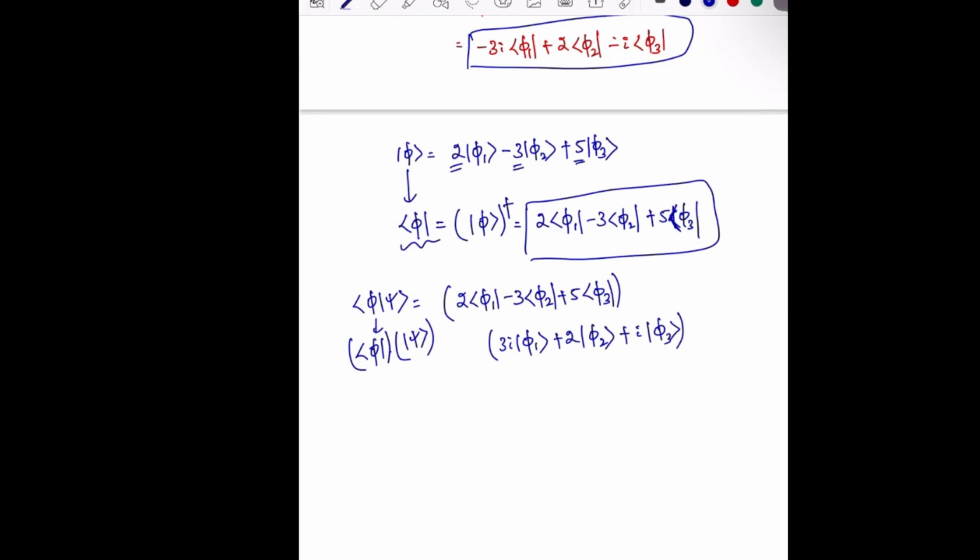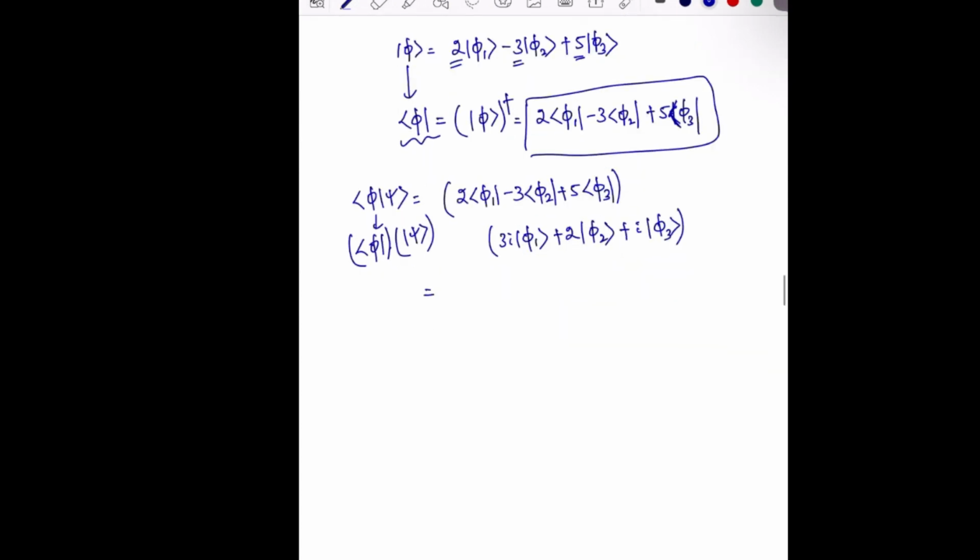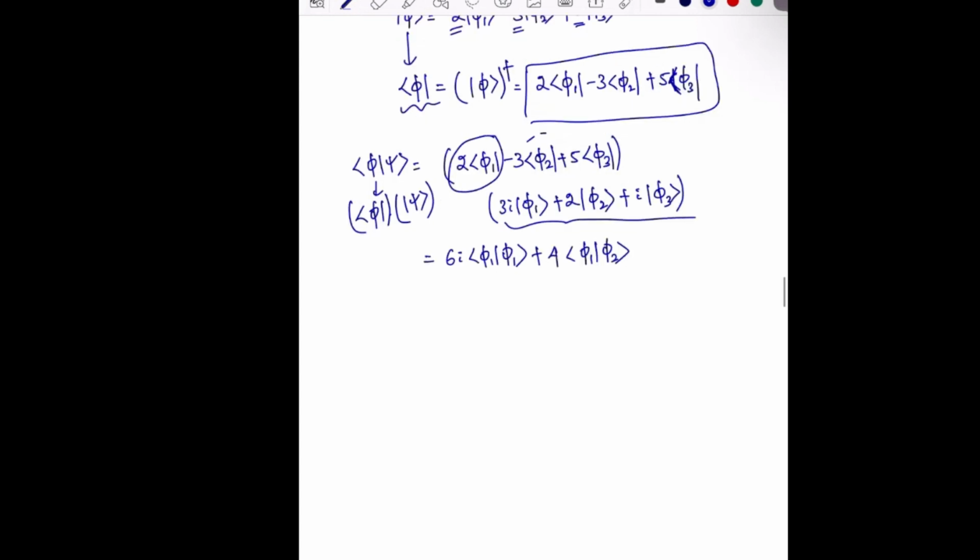Now you can just take the product of these two expressions. I think this will be 6i phi 1 phi 1 plus 4 phi 1 phi 2. Take this one, multiply with this, then take the second one and multiply with the whole expression. This will be 2i phi 1 phi 3.